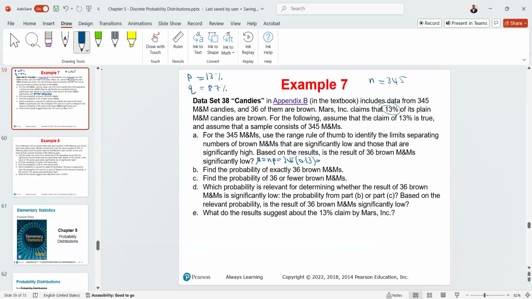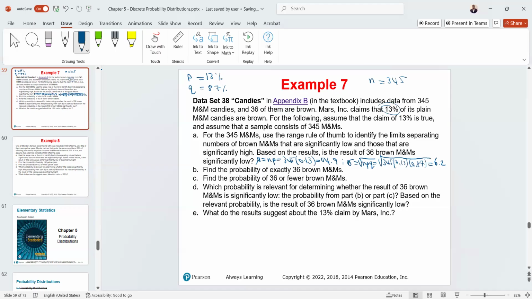The mean is 44.9, and you need to find the standard deviation, which is the square root of NPQ, which is the square root of 345 times 0.13 times 0.87. Take the square root. Don't forget the square root. The standard deviation in this particular case is 6.2.